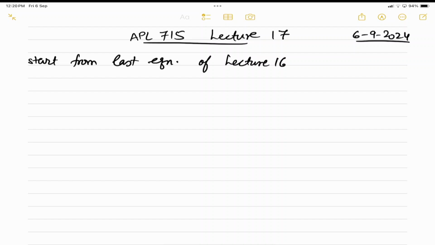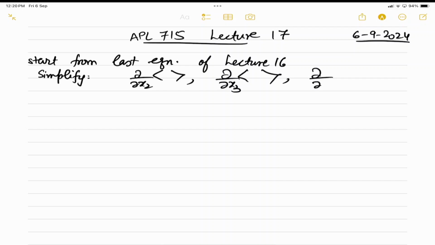Yes, sir. Okay. We start from the last equation and we simplify. Simplify means d by dx2 of all mean quantities, d by dx3 of all mean quantities, partial by partial t of mean quantities is equal to 0, u1 is equal to constant.